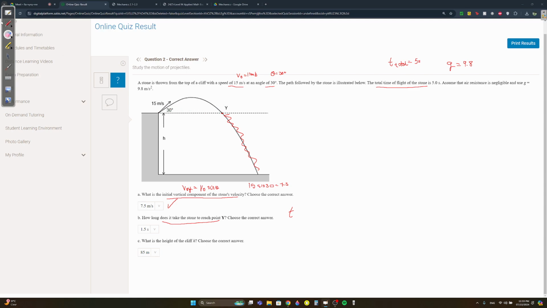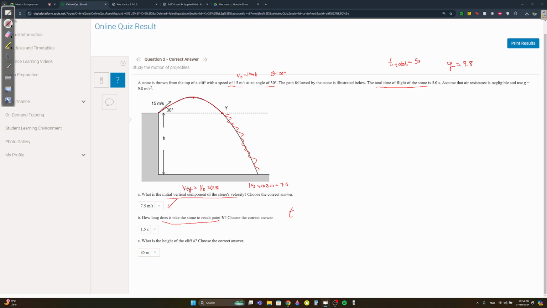So how I solved it is I split it up into two projectile motions. There's one big one, and you can split it up into this small one over here. I wanted to find the total time between here and here. If you look at this as one projectile motion, it went up, it reached the maximum height, it went back down to the original height.